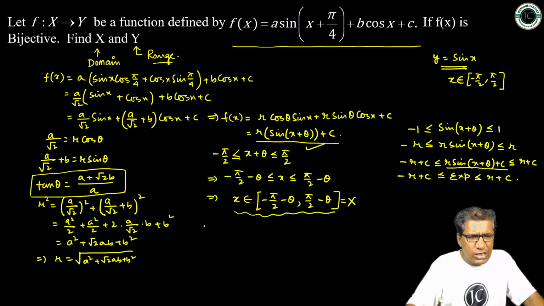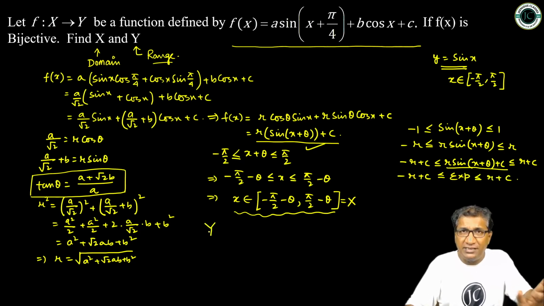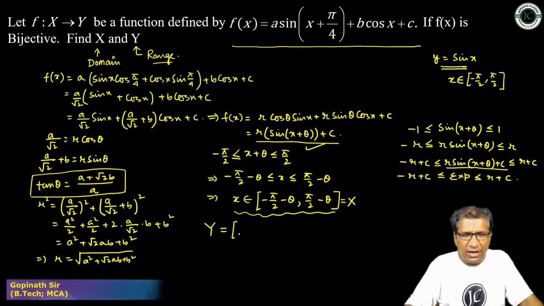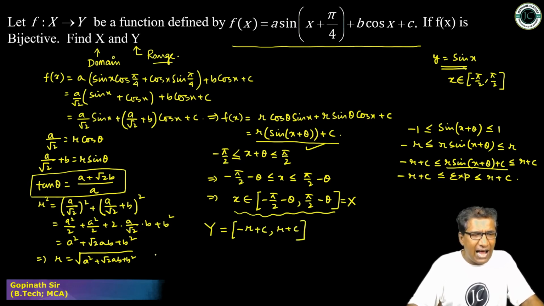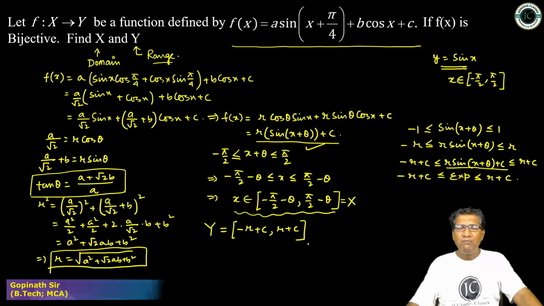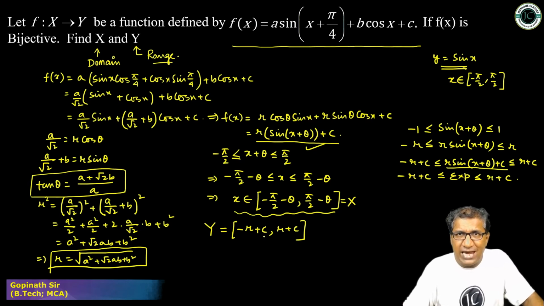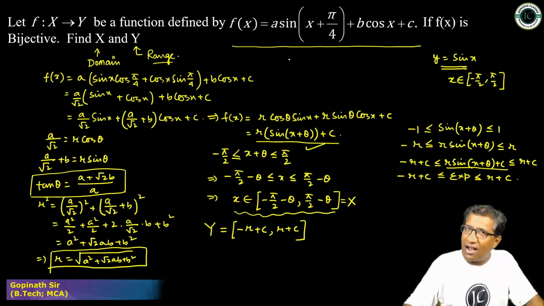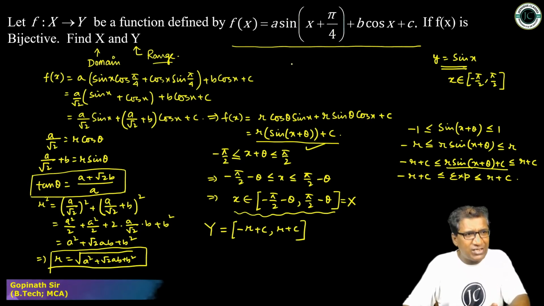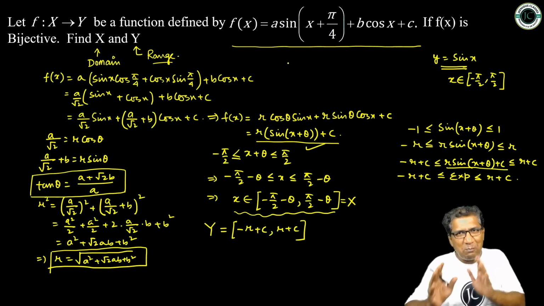Therefore, its range, which in turn your y set, will be the closed interval minus r plus c to r plus c. Is it clear? And what is r? r is this expression. Okay. So these are the domain and range for this function f(x), for which this function will be a bijective one.